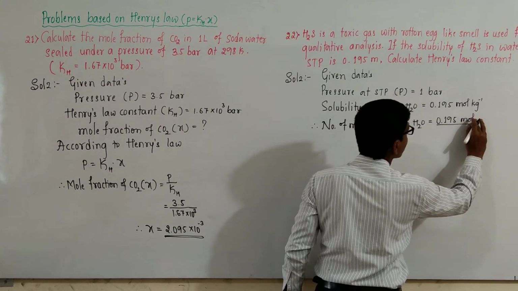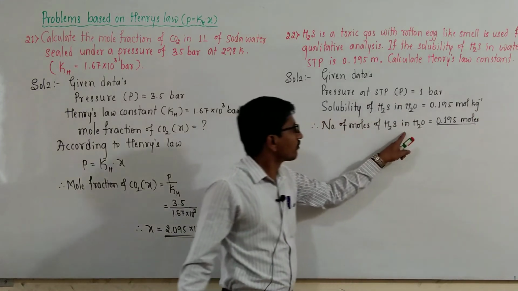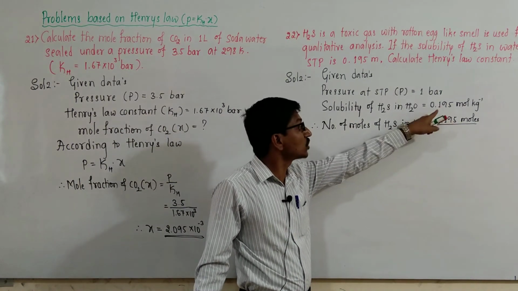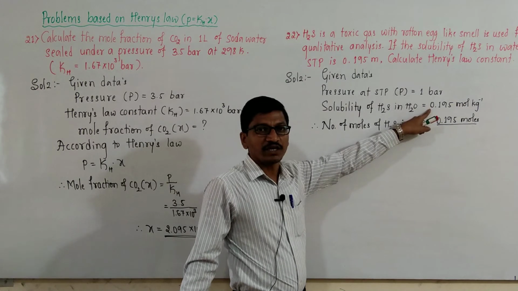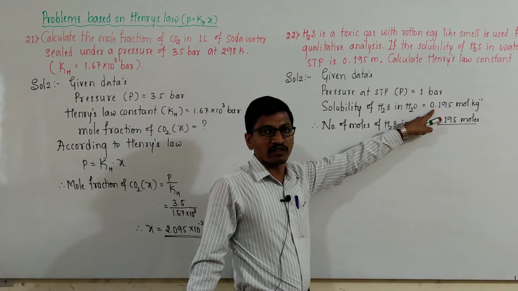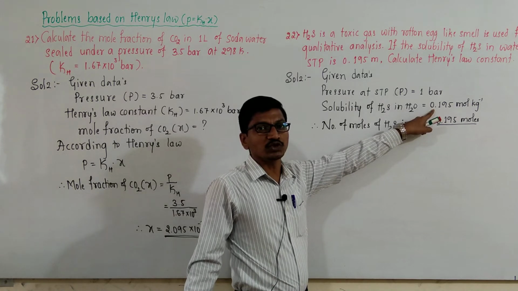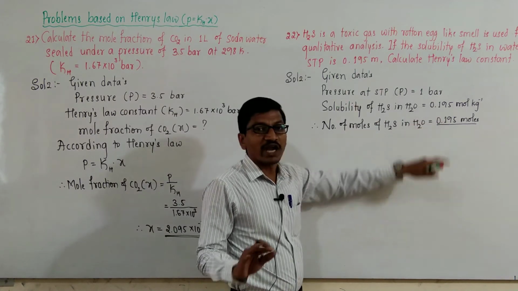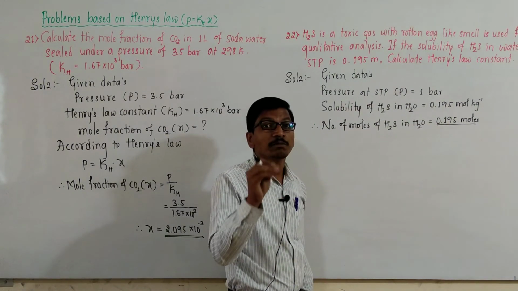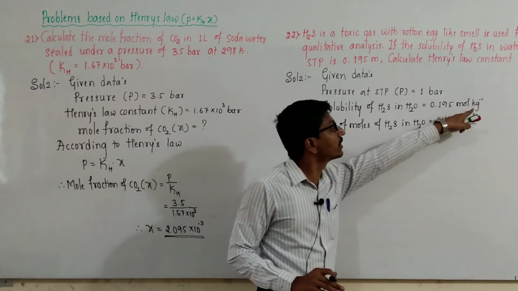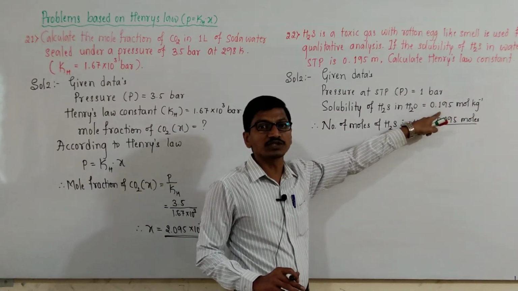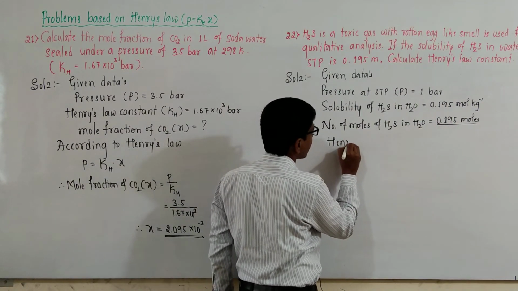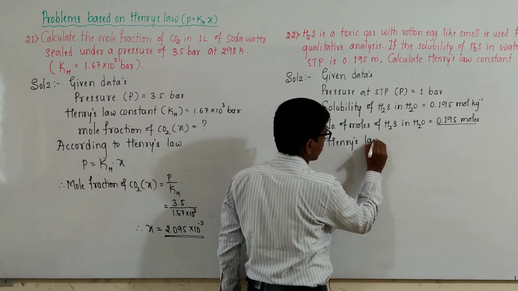That depends on molality, that is, the molality of the solution is 0.195 in 1 kg of solvent. Molality is nothing but the number of moles per kg of solvent. Per kg means this many moles are present in the water. Then what do we have to calculate? The Henry's law constant.